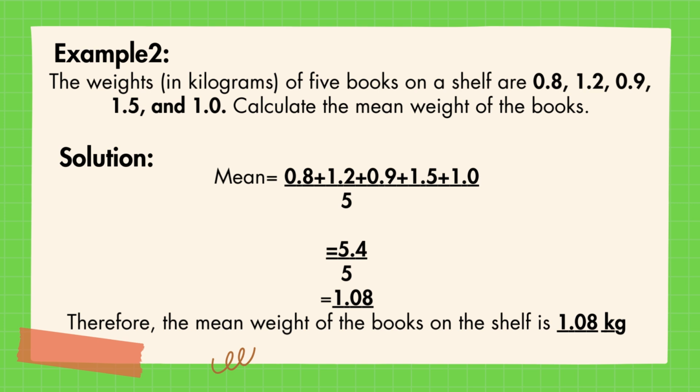So we will add up all these values 0.8, 1.2, 0.9, 1.5 and 1.0, which makes 5.4, and then we will divide it by 5 because there are 5 book weights given here. So our answer is 1.08. Therefore, the mean weight of the books on the shelf is 1.08 kilograms.